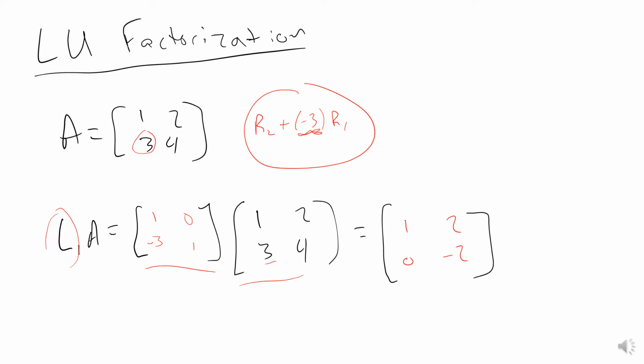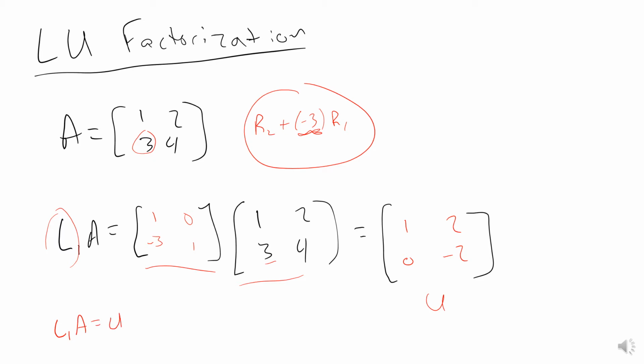But the main thing when we talk about an upper triangular matrix is that we have all 0s below the diagonal. This is what we call U, standing for upper triangular. So what we have right now is that L1 times A gave us this upper triangular matrix.